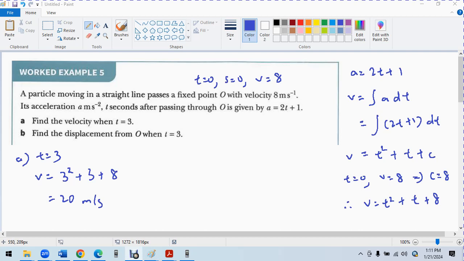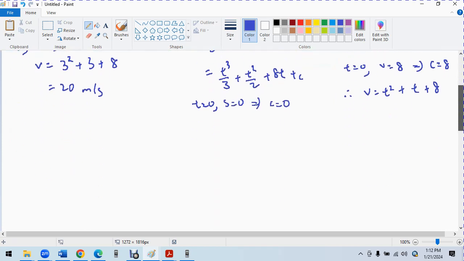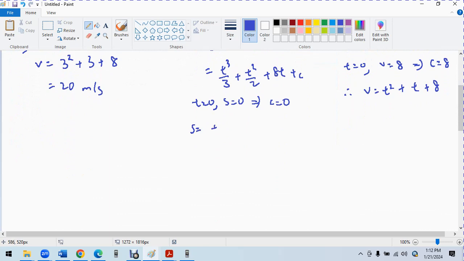So we know that the s is the integral of v dt. So the integral of t squared plus t plus 8 dt. t to the power 3 over 3 plus t to the power 2 over 2 plus 8t plus c. t equal to 0, s equal to 0, implies the c equal to 0. So the s equals t cubed over 3 plus t squared over 2 plus 8t.